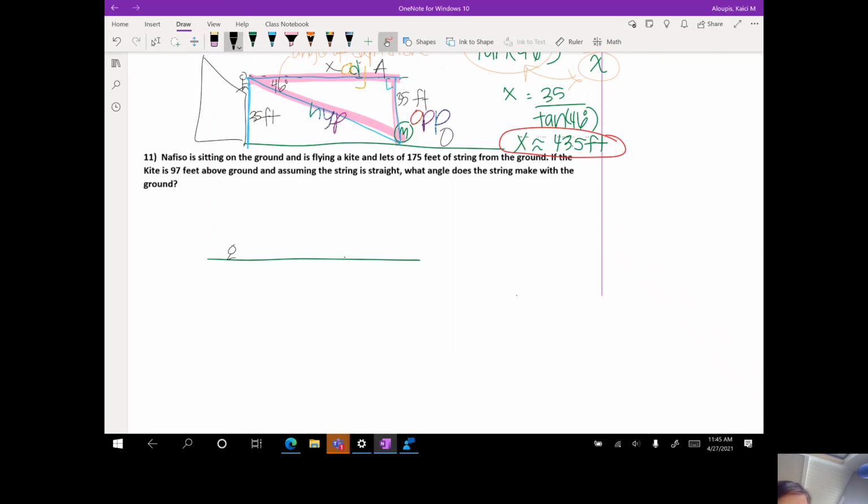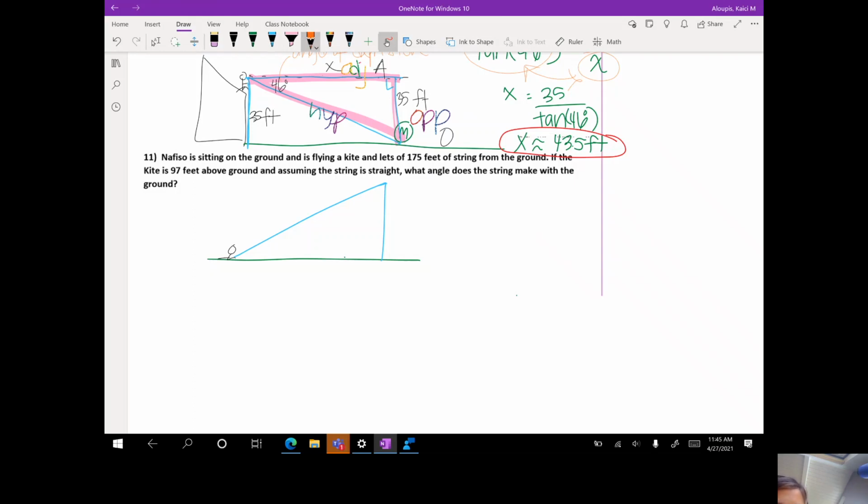Here's Mephisto sitting. And okay, holding a kite and lets 175 feet of string from the ground, and the kite itself is 97 feet.